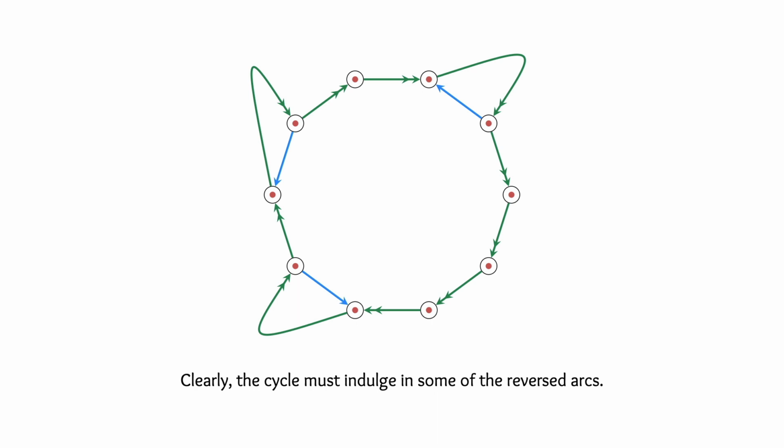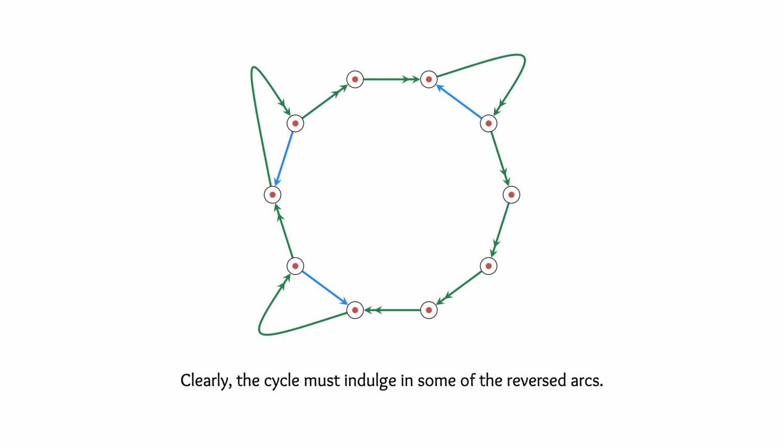But in general, there is no reason for these to be disjoint, and I just want to point out that that's really not a problem. You can still follow them along pretty much the same way that we have described. It's just that what you will end up with is going to be a closed walk, which is to say that you may have vertices repeating, but it's fairly straightforward to extract a cycle from a walk and you will still get the same contradiction as before. So this is not really a problem.